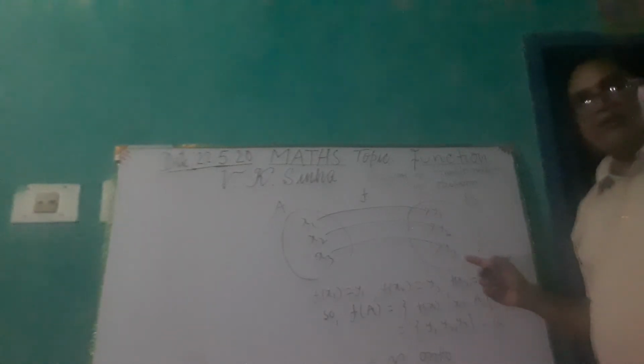Also we say that different elements have different images, so f is 1-1.